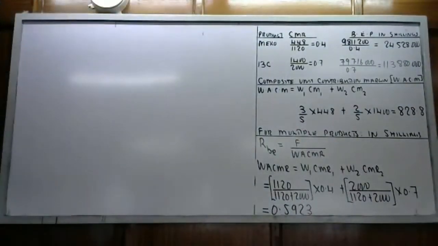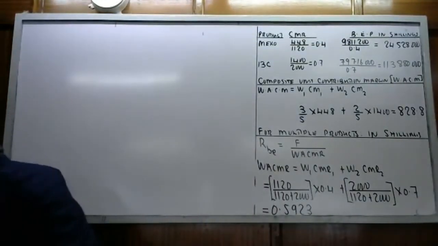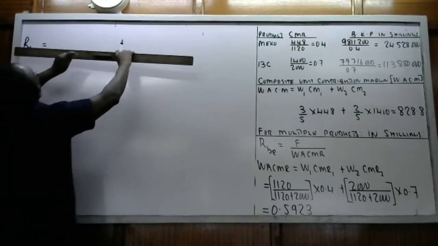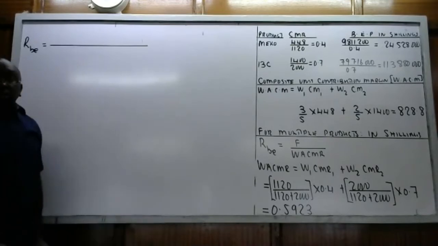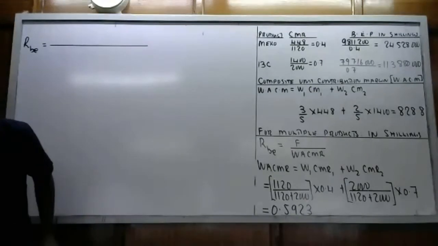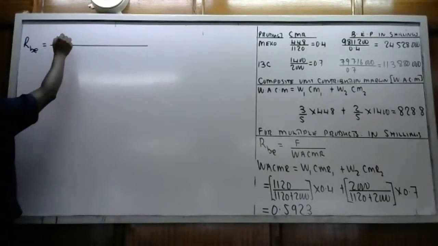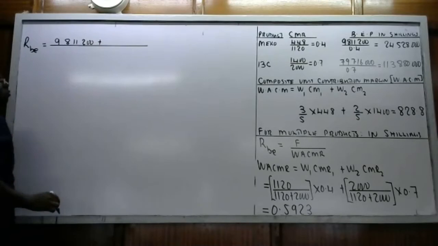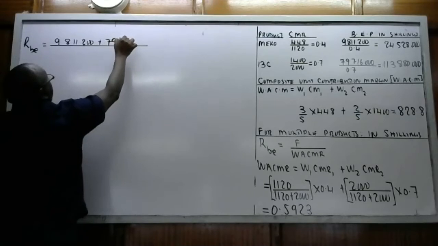Yes, Nyabura, and we are in agreement. So if we are in agreement, it then follows that RBE should be the fixed costs. So fixed costs now, because we are dealing with the two products, we will have to combine it. We will have to say 9,811,200 plus this other one, which is 79,716,000.